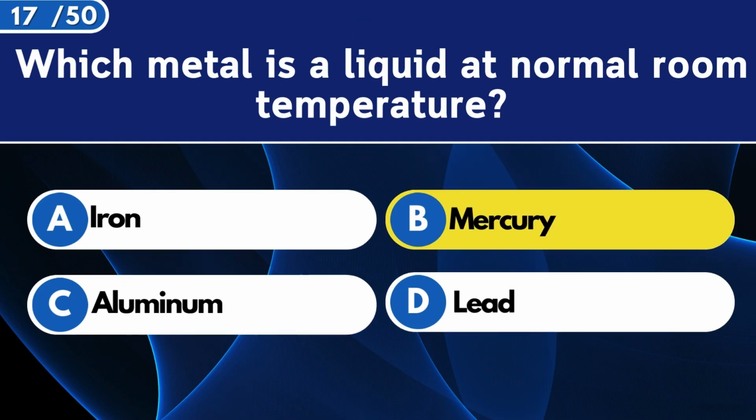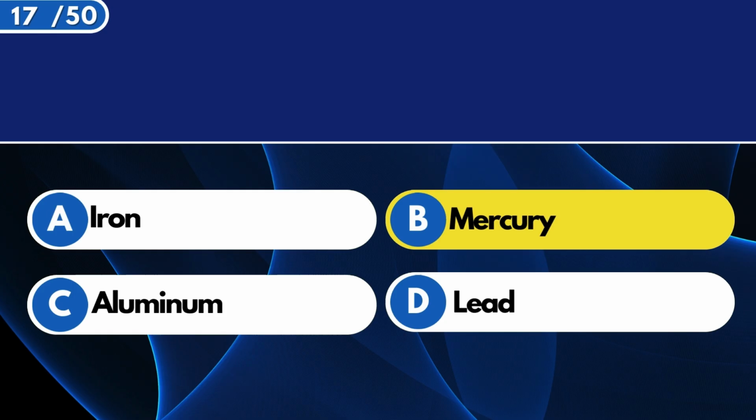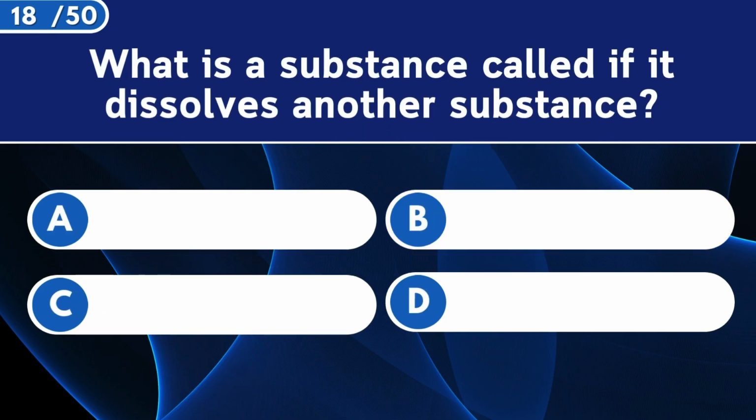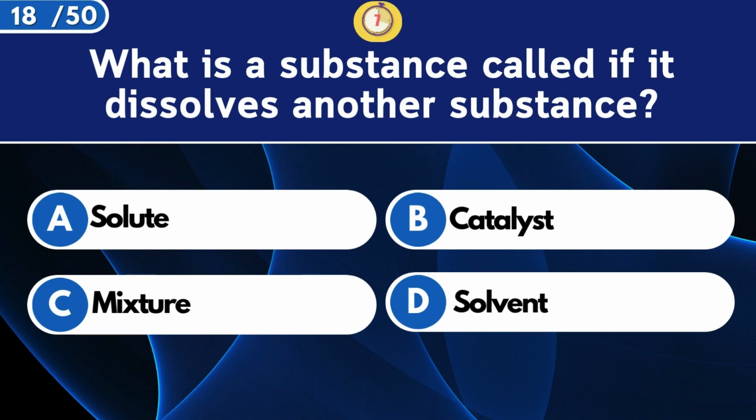Mercury. What is a substance called if it dissolves another substance? Solvent.